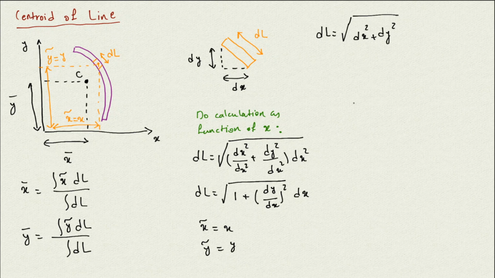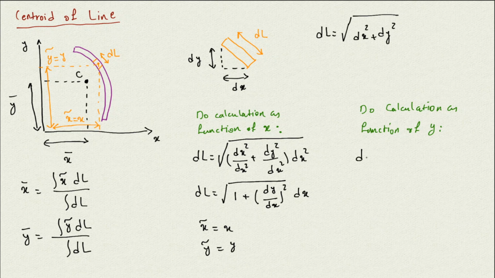Now, if I want to do all the calculations as a function of y, you can do it the same way. The same way as we did before, but this time instead of dividing everything by dx squared, we divide everything by dy squared.